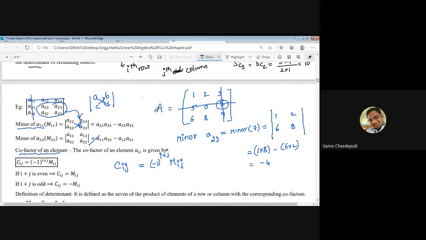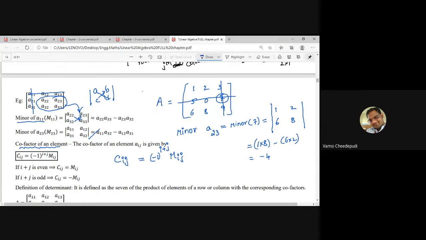Suppose in this example you ask me what is the cofactor of element A23, then I can say -1 power 2 plus 3. 2 plus 3 means odd place, so minus will remain, into the minor of this 2 3 element, which is -4. So -1 power 5 is minus only, and -1 into -4 will be +4. So it just changes the symbol according to the position. That's it.